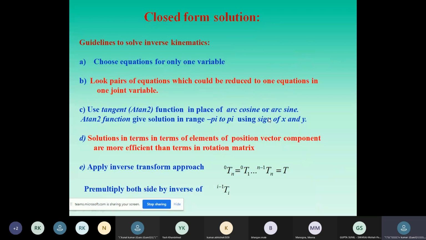Then we apply the transformation approach. Transformation means by DH parameters we find the transformation matrix and multiply it.